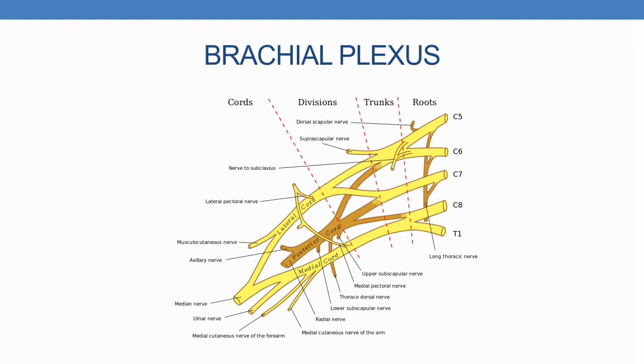So with that as a background, review of the brachial plexus, let's figure out how it is that we can determine if indeed one or more of these nerve roots are injured in the examinee who sits here before us.